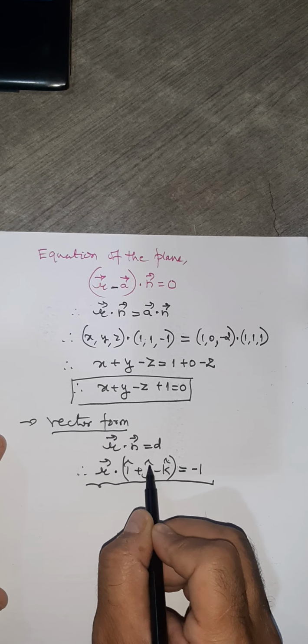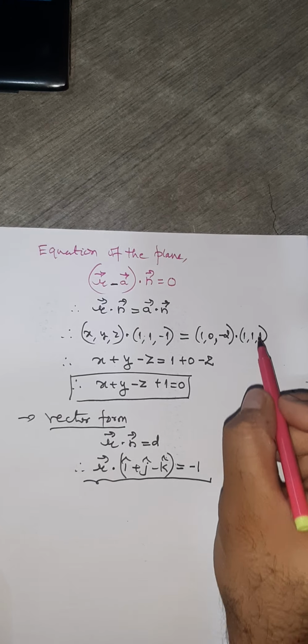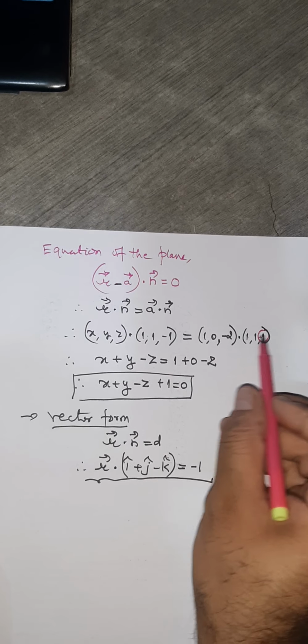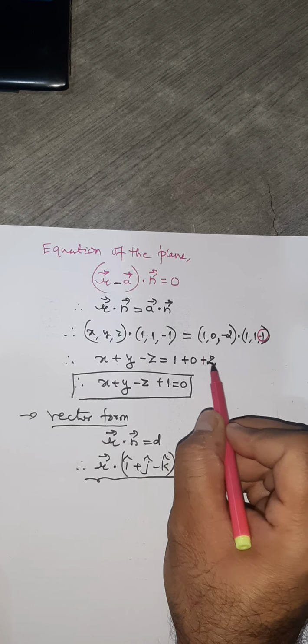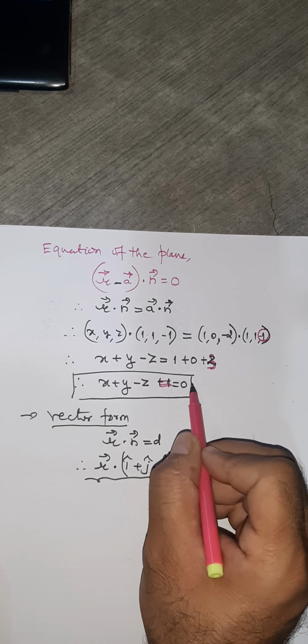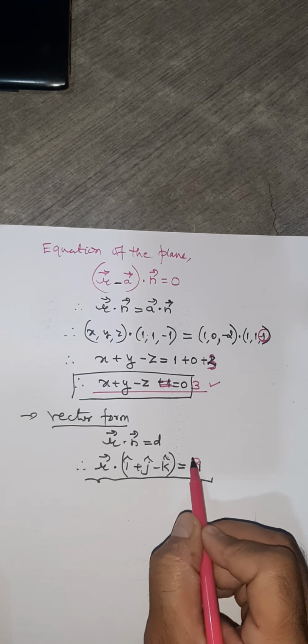That's the vector form. So I'm sorry, here it should be minus 1. So minus 1 gives us plus 3 here. So this is equal to 3, remember. And here also we'll get equal to 3.